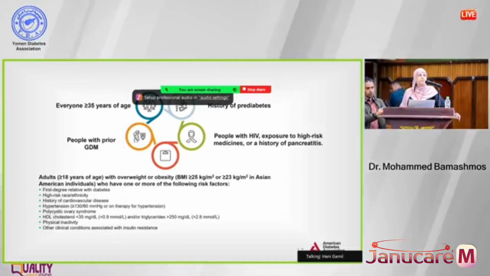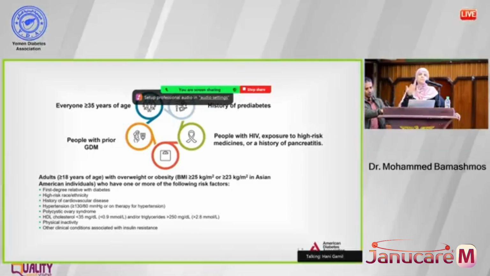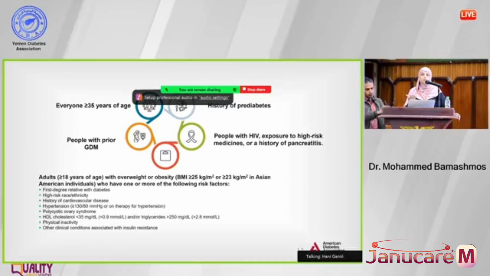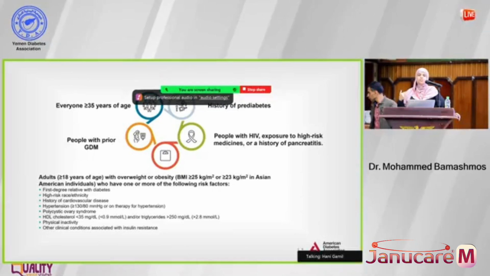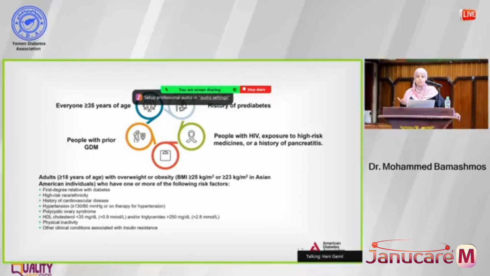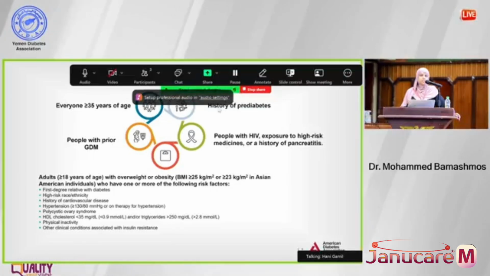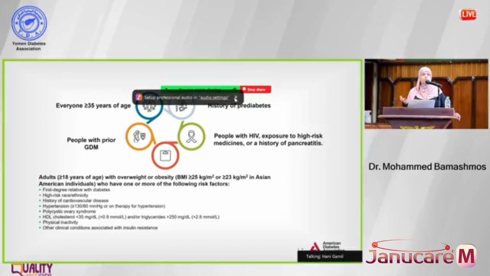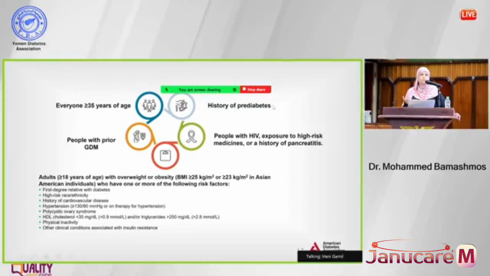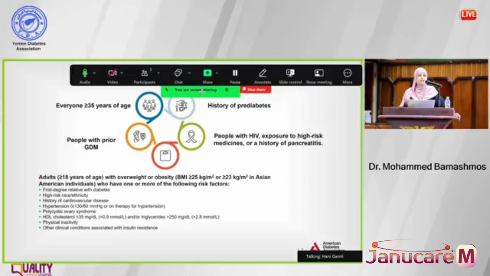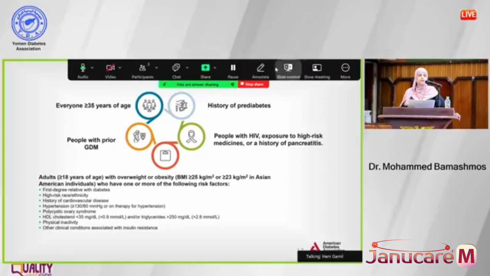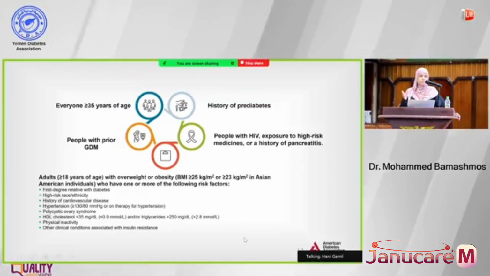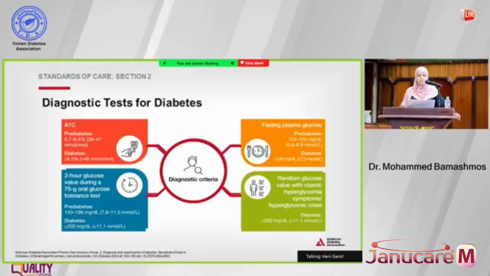Other patients that we should start screening: anybody above the age of 18 who is overweight or obese and has an additional risk factor, like they have a first-degree relative that has type 2 diabetes, they're inactive, they have cardiovascular disease, hypertension, females with a history of polycystic ovarian syndrome, hypertriglyceridemia. All of these are factors that make us start thinking and looking at this patient and saying, maybe I should screen them for type 2 diabetes.